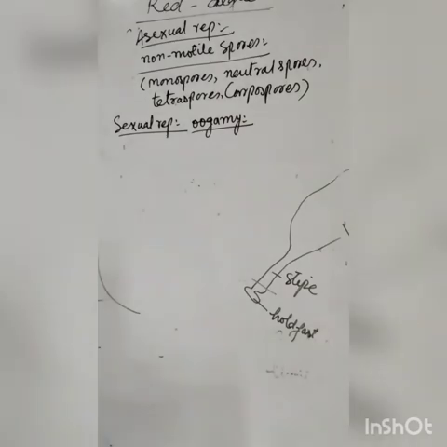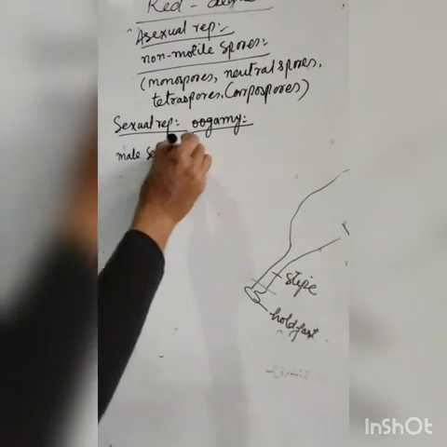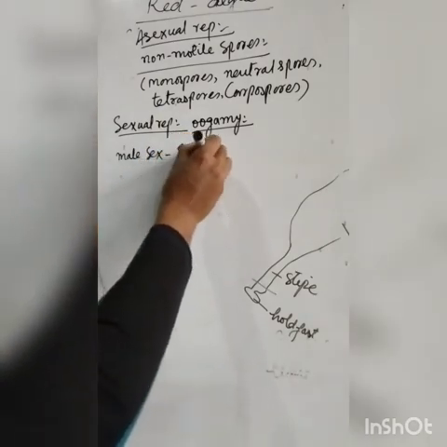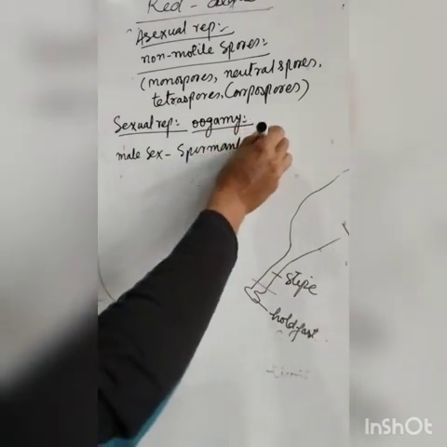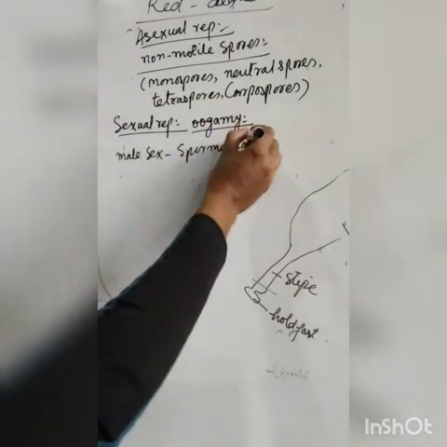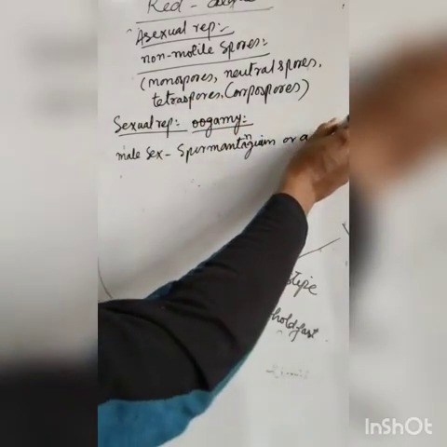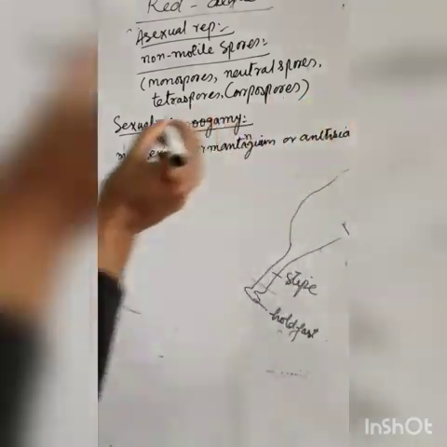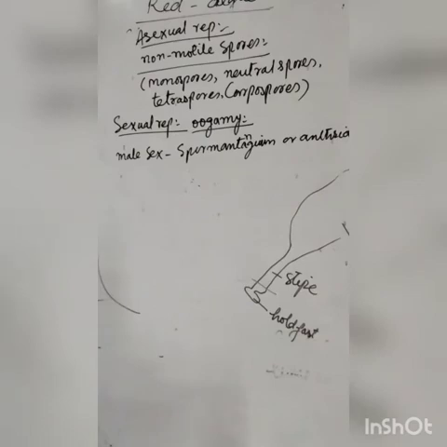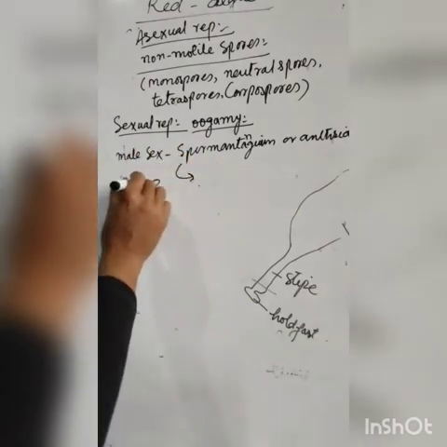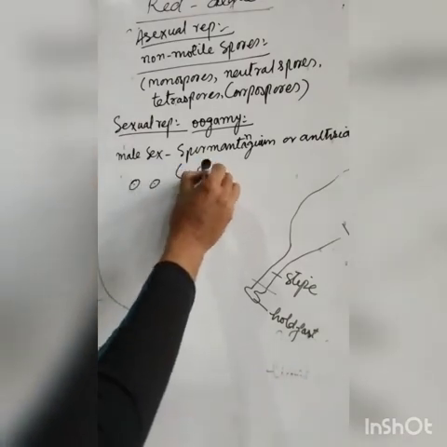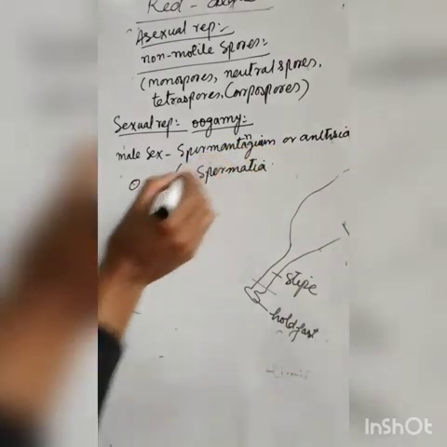However, you have to remember that these male gametes are not motile, they are without flagella. The male sex organ is called spermatangium और antheridium. It produces the non-motile gametes, small non-motile gametes, they are called as spermatia, spermatia उनको बोलते हैं.